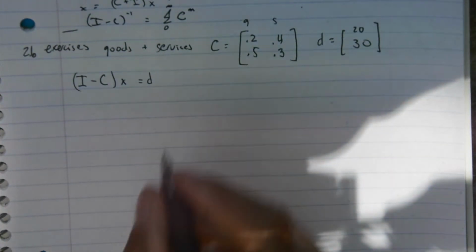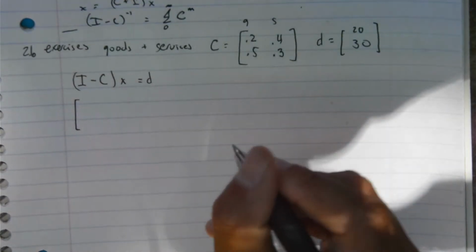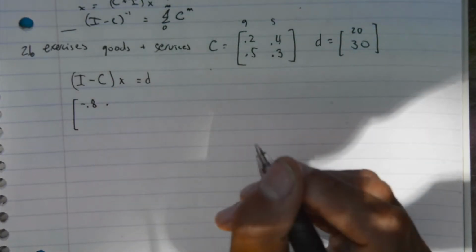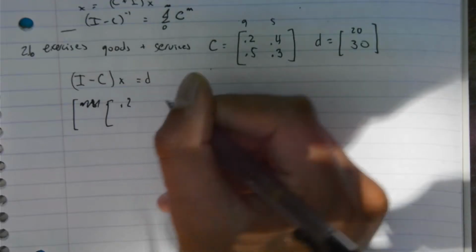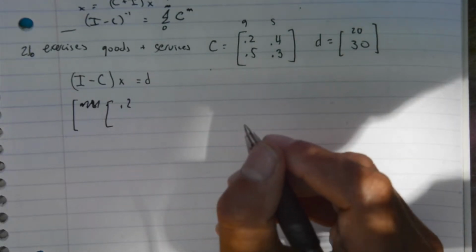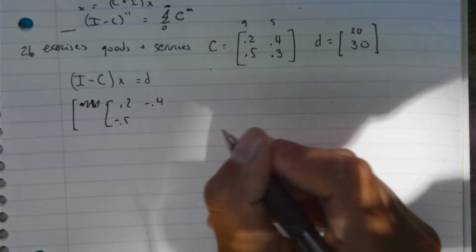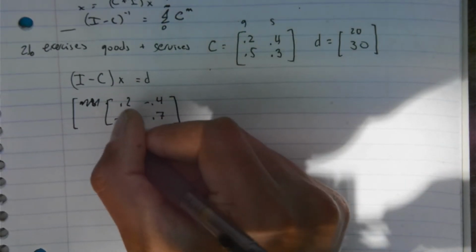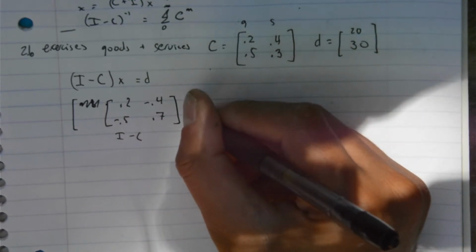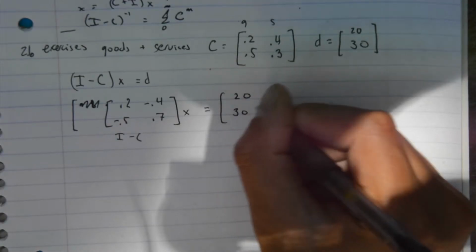And we're going to get 0.8, oh wait, 0.2 minus 0.4, minus 0.5, 0.7. So this is I minus C times X is equal to 20, 30.